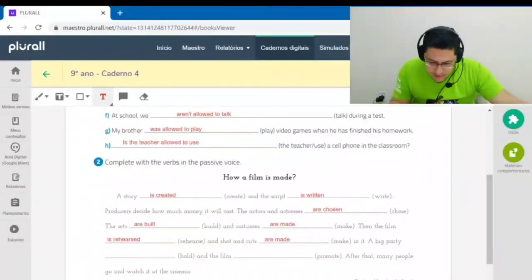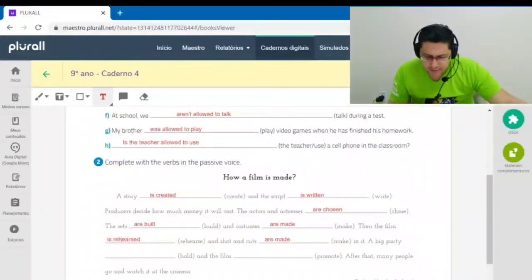Por que tem dois H's aqui? Ensaiado e filmado, e cortes são feitos nele, né? Os cortes é que quando o responsável pela montagem, né, o editor do filme, ele vai decidir que imagens vão entrar daquilo que foi filmado e quais não vão, tá?